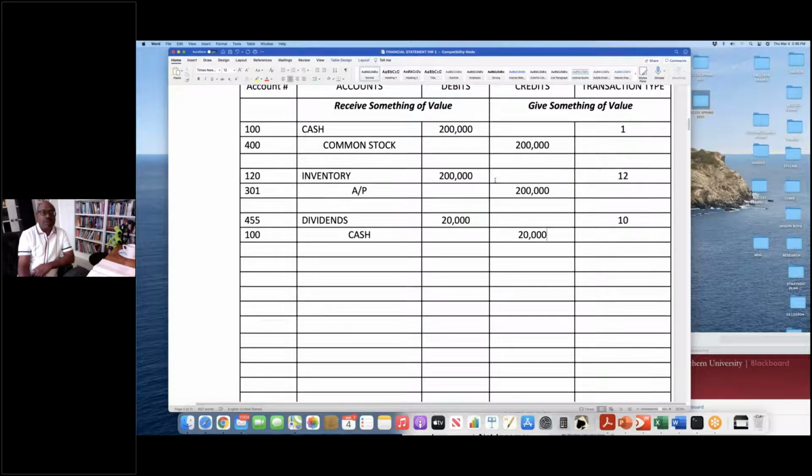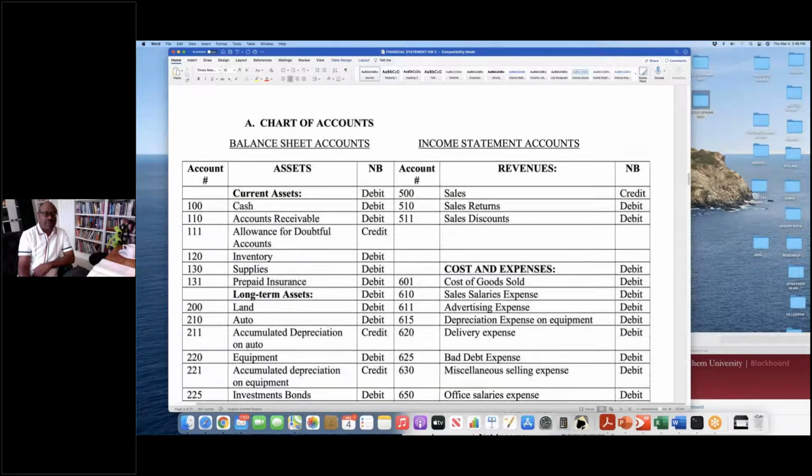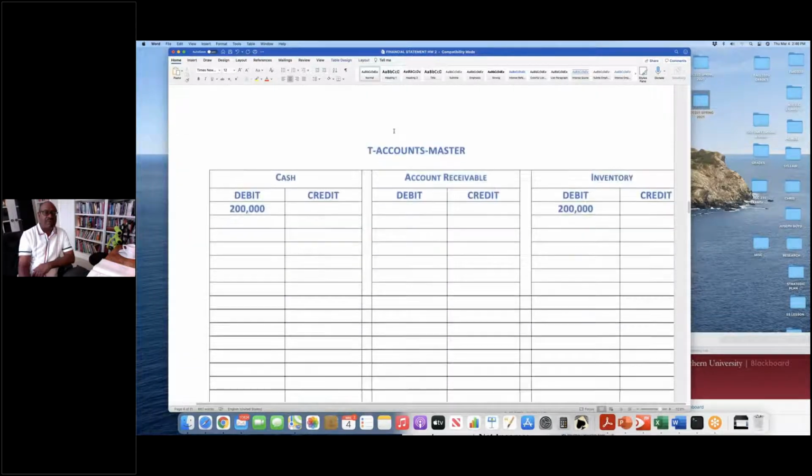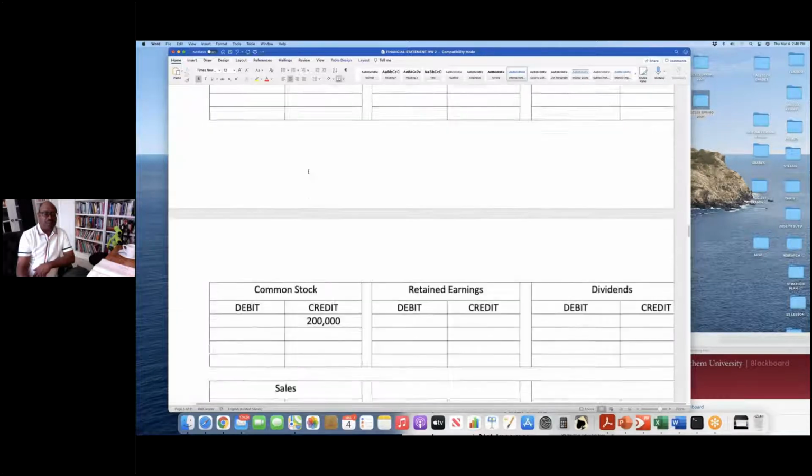And let's go ahead and post these. For cash, we're going to credit 20,000, and for dividends, we're going to debit 20,000.